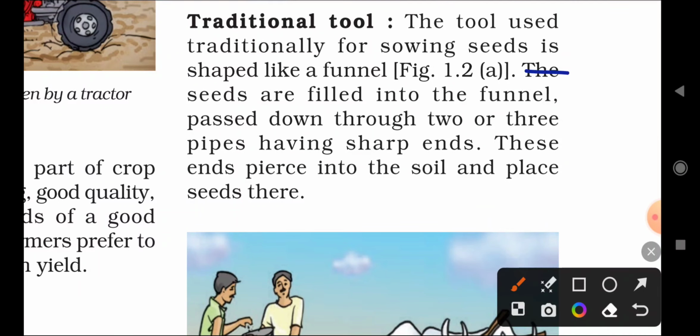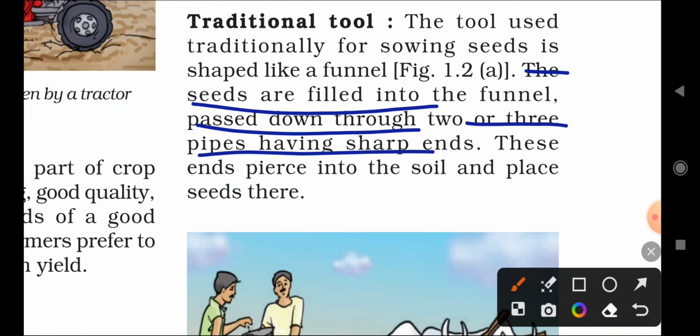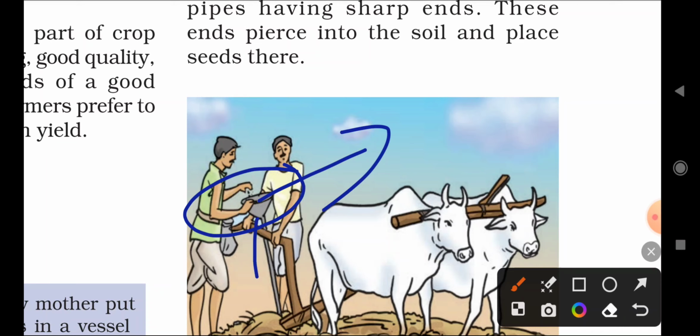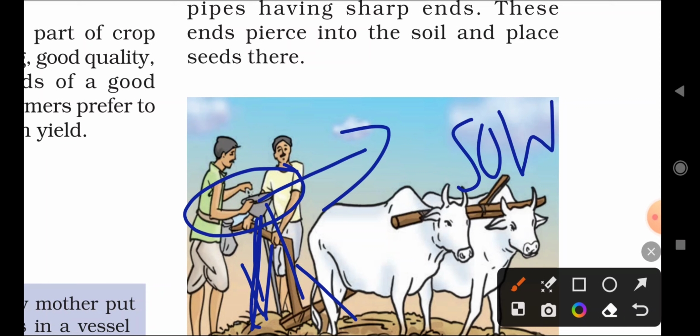The seeds are filled into the funnel and passed down through two or three pipes having sharp ends. As shown in this figure, the seeds are added in the funnel, and this funnel has two or three major pipes. The seeds pass through these pipes and are sowed into the soil.